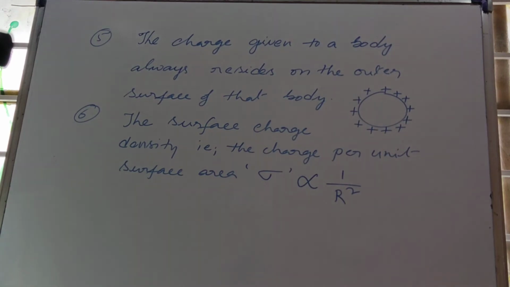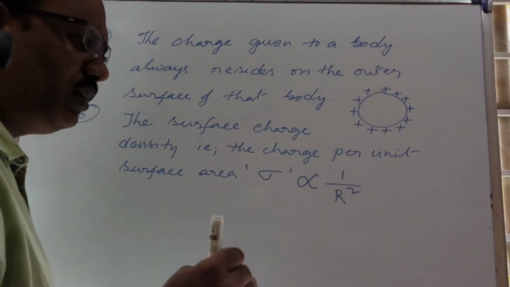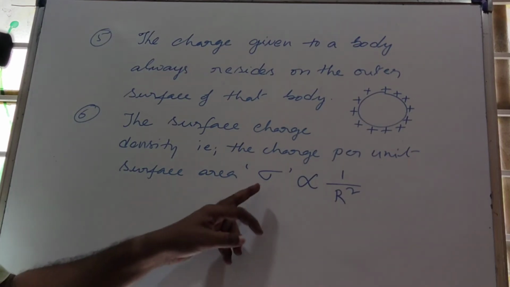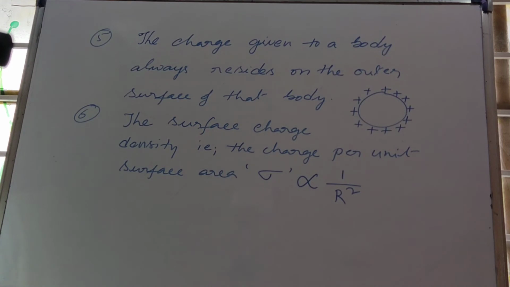Therefore, if we increase the radius of that body, the surface area also increases. And whenever the surface area increases, the charge present per unit surface area, that is sigma, decreases. Okay?